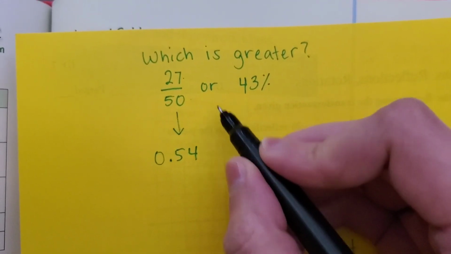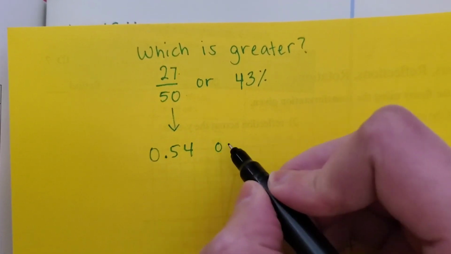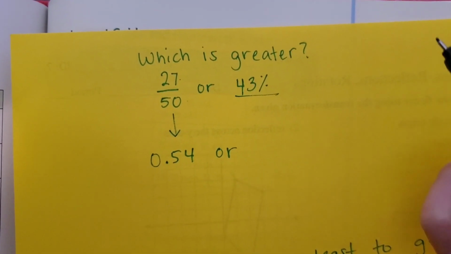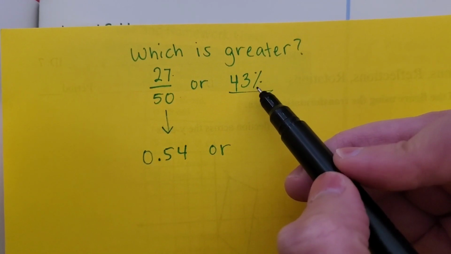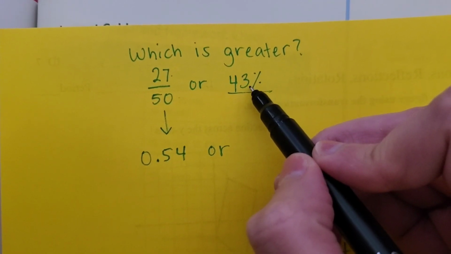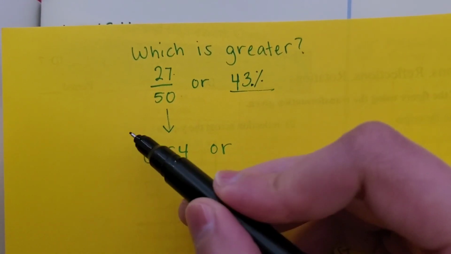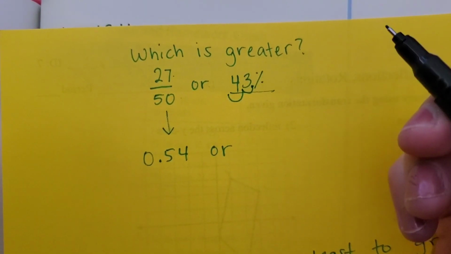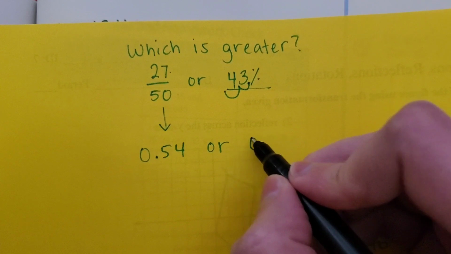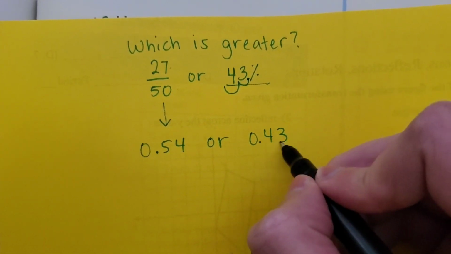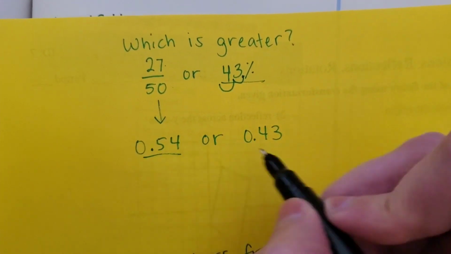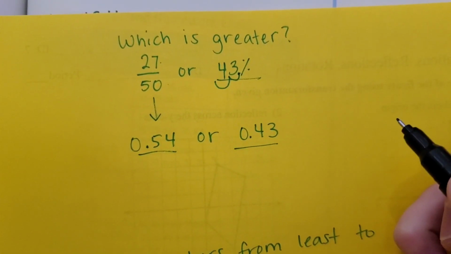Now we're seeing if this is greater than the 43%. The easiest way to change a percent into a decimal is to move the decimal place over 2 spaces to the left. So if I move it 2 spaces to the left, my decimal is now 0.43. Now that they're both in decimal form, I can compare them.